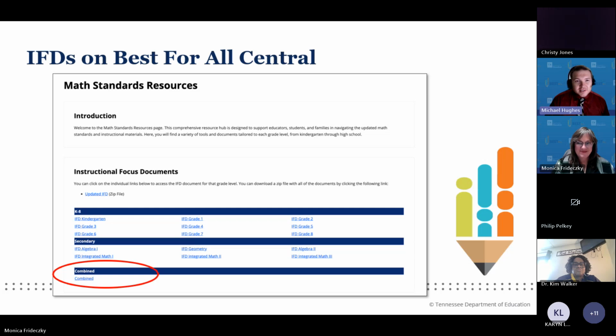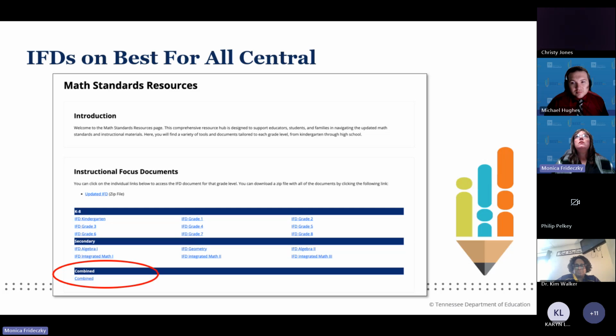So I just got a statement here in the chat. It says, we have used them in PLCs to look at the rigor of our student work. And another one says, we have used the IFDs during our walkthroughs and during our PLC meetings. Okay, I love that.